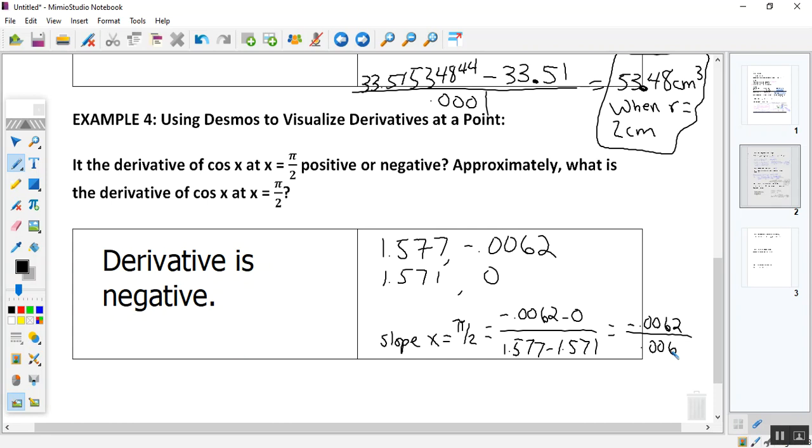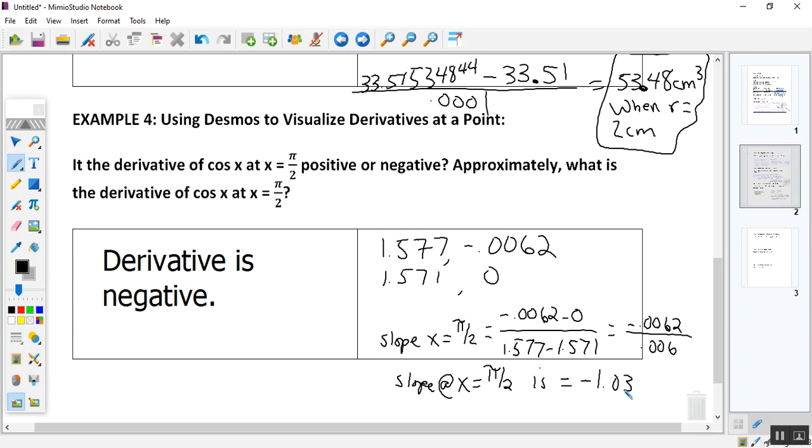What if I told you that the slope there is actually negative 1? Probably pretty close. Negative 1.03. Pretty close, aren't we? Okay, so slope at x equal pi over 2 is, what'd you say again? Perfect. I love it.